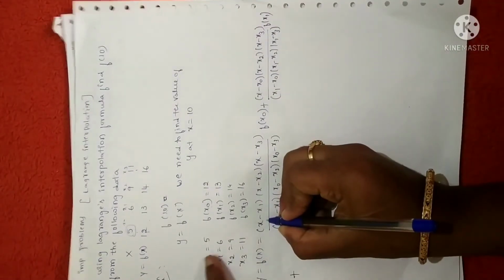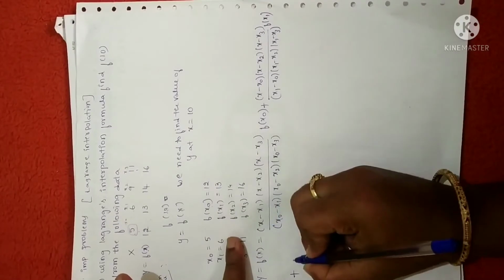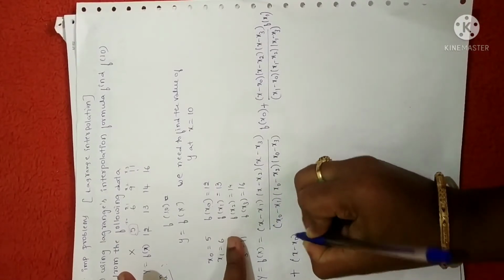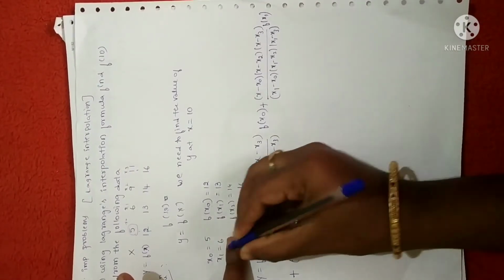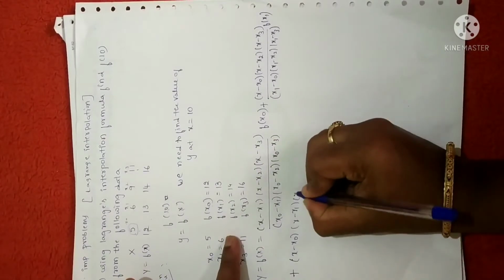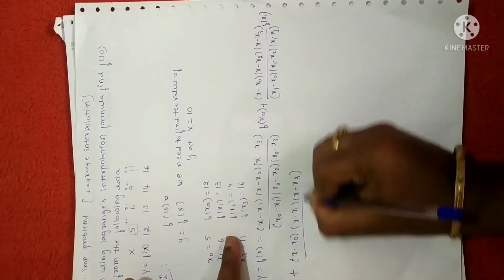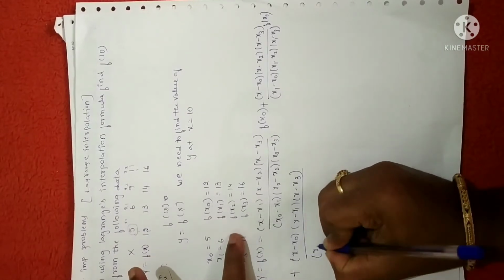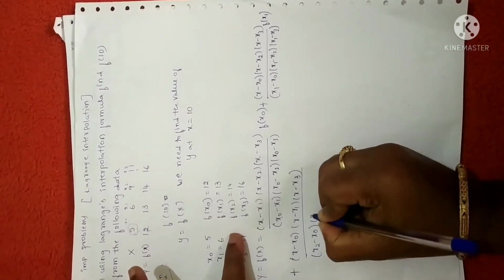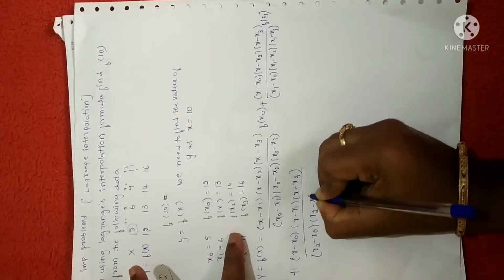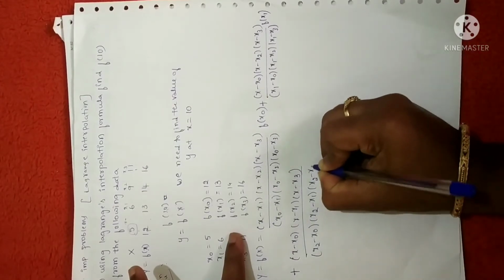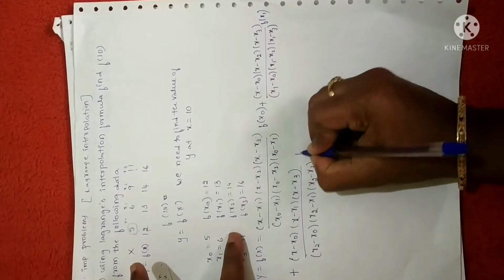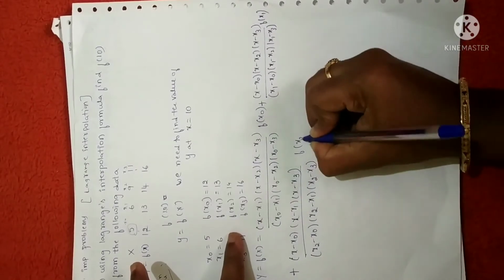For the third term you leave x2: x minus x naught, x minus x1, x minus x3, divided by x2 minus x naught, x2 minus x1, x2 minus x3, into f of x2.